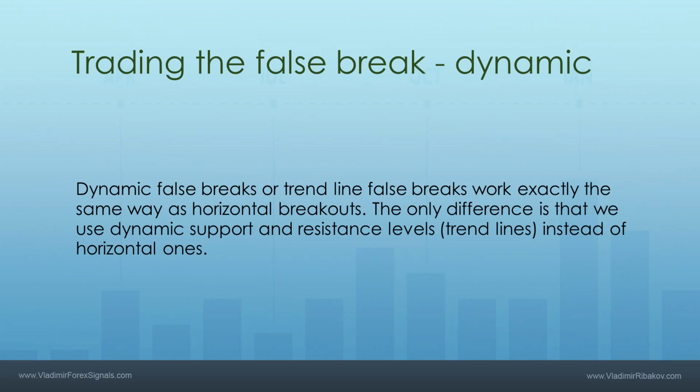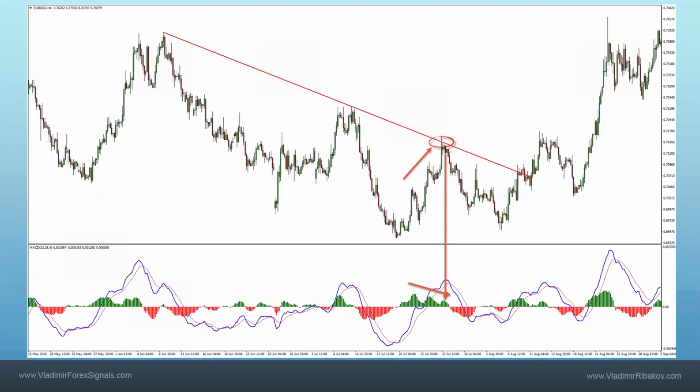How the dynamic trend line, dynamic false break looks like. Dynamic false breaks or trend line false breaks work exactly the same way as horizontal breakouts. The only difference is that we use dynamic support and resistance levels, in other words, the trend lines, instead of horizontal ones. Now, do you see this, guys? 1, 2, 3.